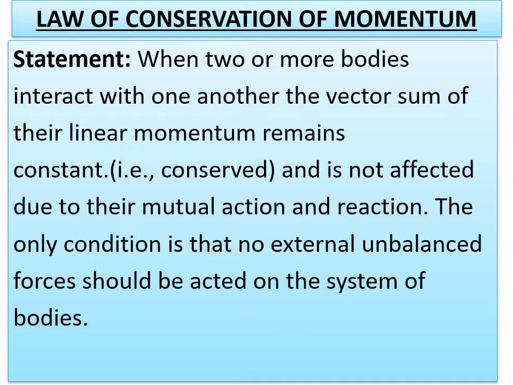When two or more bodies interact with one another, the vector sum of their linear momentum remains constant, that is conserved, and it is not affected due to their mutual action and reaction. The only condition is that no external unbalanced forces should act on the system of the bodies. So this is the statement. For that, we will discuss in detail.